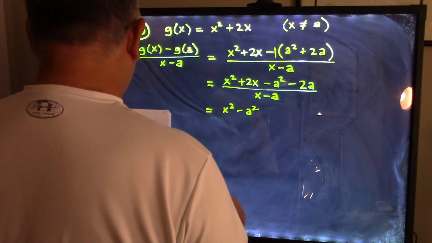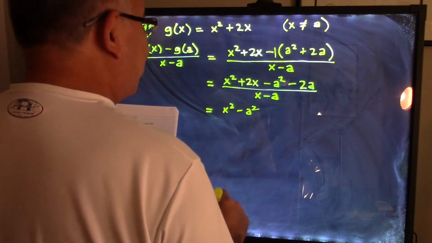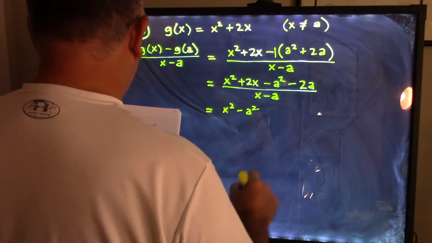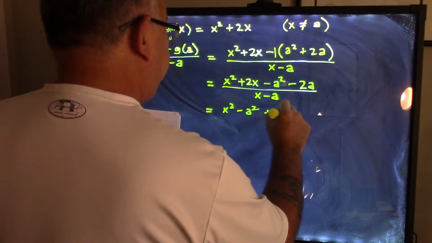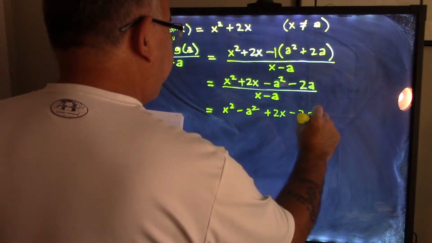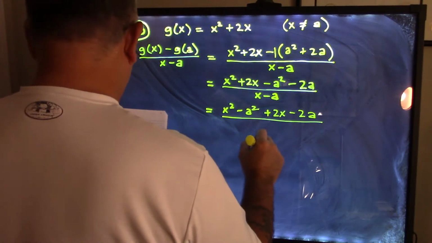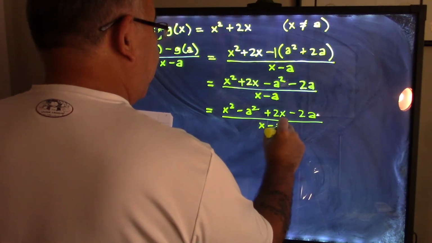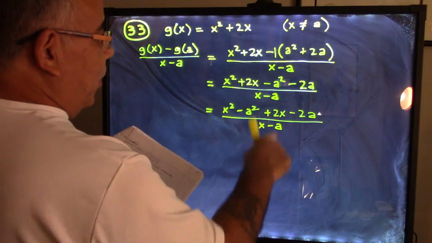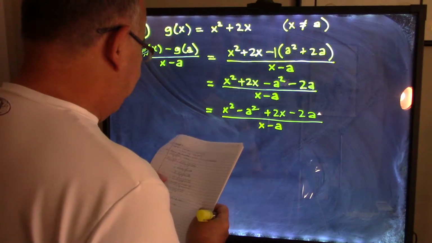And then we've got plus 2x minus 2a. I'll put those two together because you can factor out the 2 there. Then we've got x minus a. So you're looking for things you can group together to factor out and possibly simplify the expression.